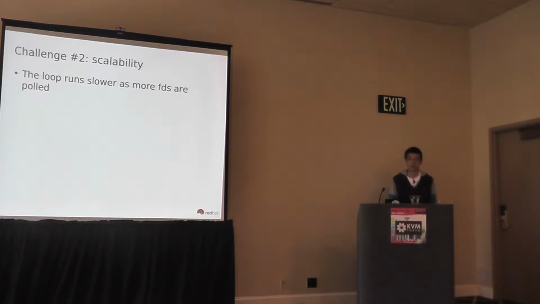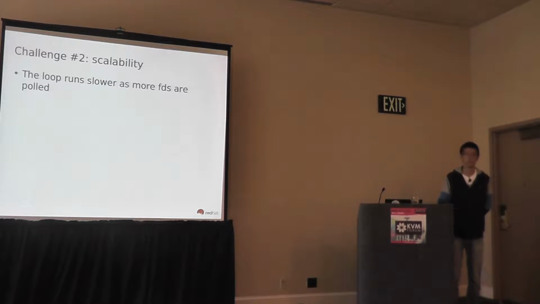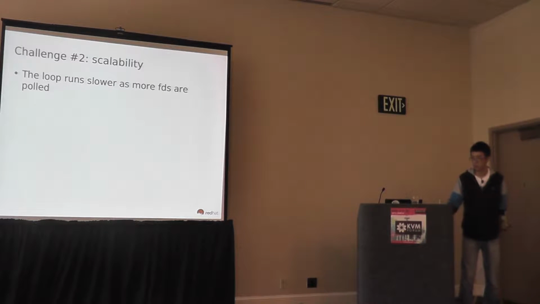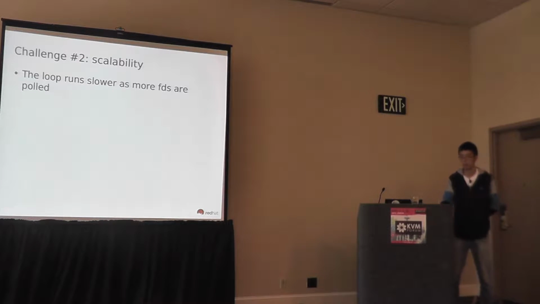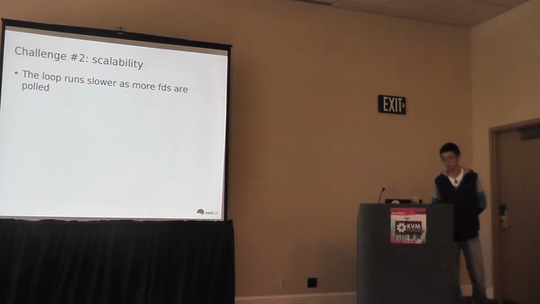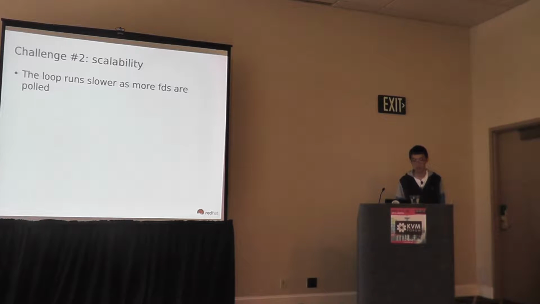Once we have multi-queue, we will have some more descriptors, like those used in IRQFD and as the ioeventfd. Once we open more disks and attach them to the guest, we will have more image FDs. All this adds to the slowness of the main loop for the following reasons.